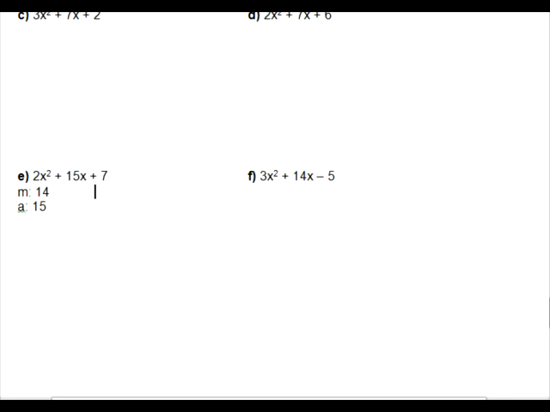Some would say there are not two numbers, but that's why I'm doing this one, because it's off the times table. It's going to be 14 and 1. 14 times 1 is 14, and 14 plus 1 is 15. Then what I'm going to do is put my equal sign, of course, and 2x squared plus 14x plus x plus 7. Now if you take a look, 14 and 1 is 15.